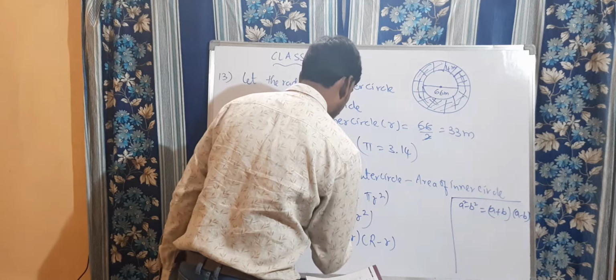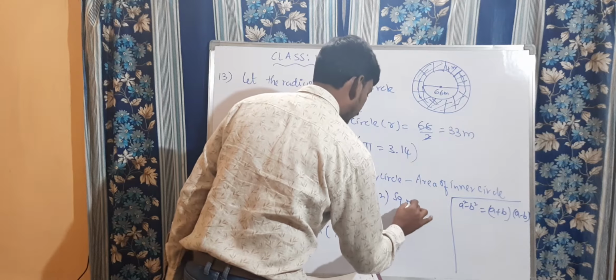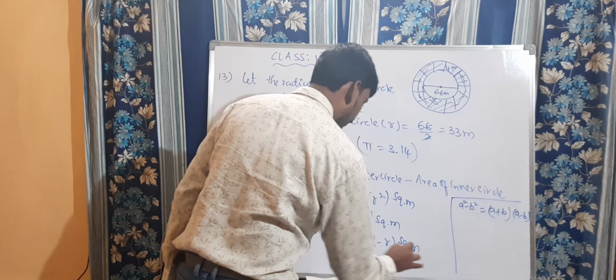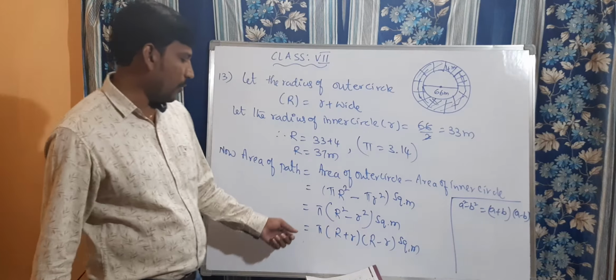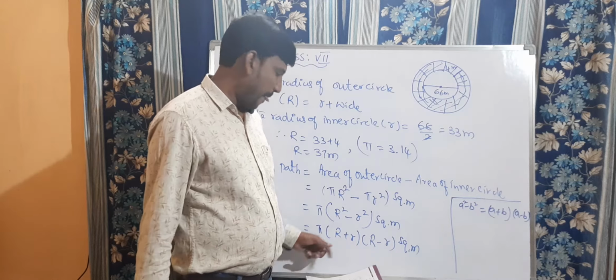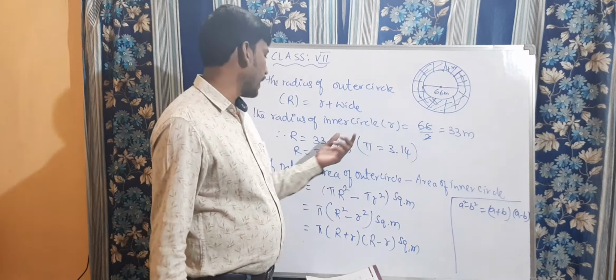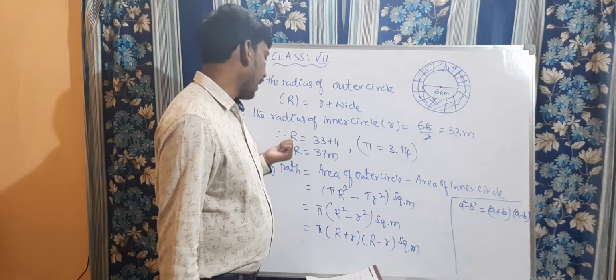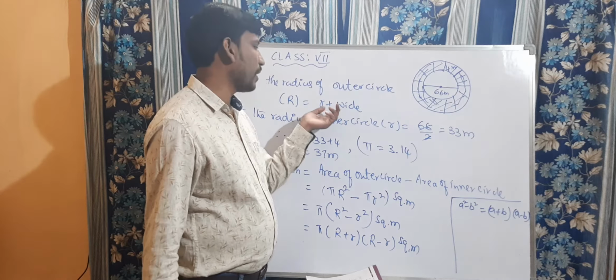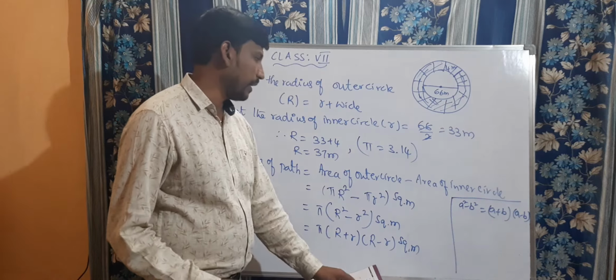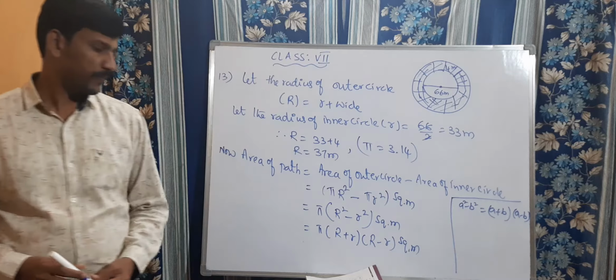This you can take in square meters. Is it clear, children? Now substitute 3.14 here, and the capital R value and small r value. We know that pi is 3.14, capital R is 37 meters and small r is 33 meters. By substituting those values, we will get the answer. Just copy this.